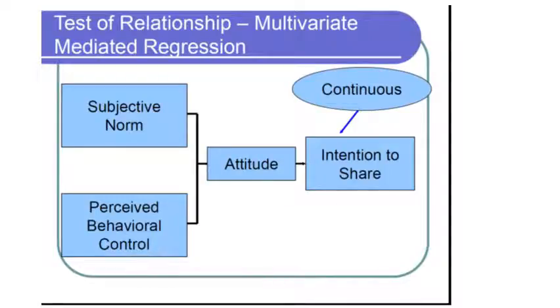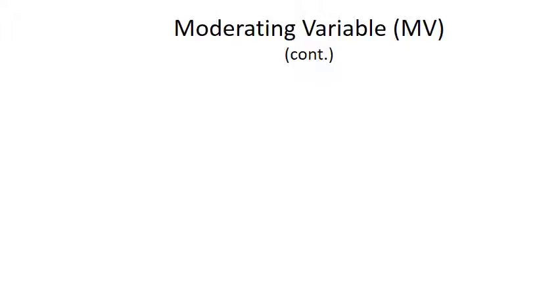And we can also have a mediation regression whereby we have something that sits right in the middle between the independent and the dependent variables. So, for example, here we say that attitude mediates subjective norms and perceived behavior control with intention to share. We can also have moderating variables.